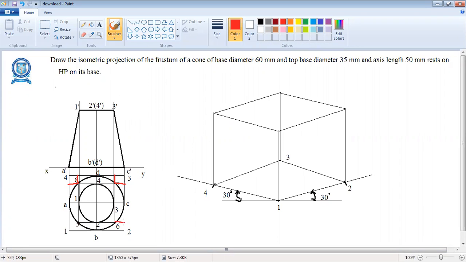From 6, draw a straight line by using the scale. So we have 2 points for 8, 2 points for 7, 2 for 6, and 2 for 5. Measure these points from 4 and mark them in the upper base.